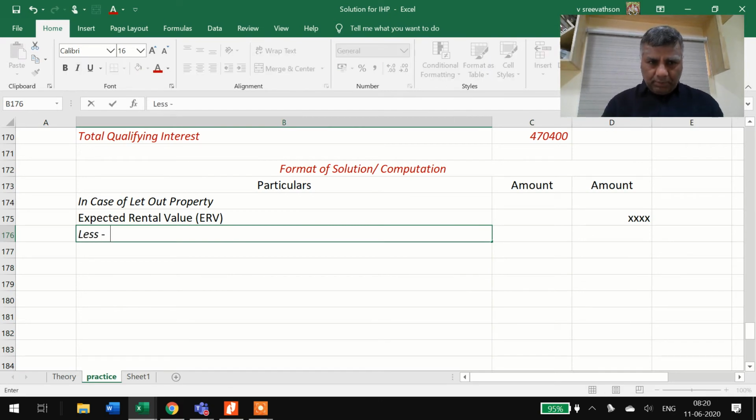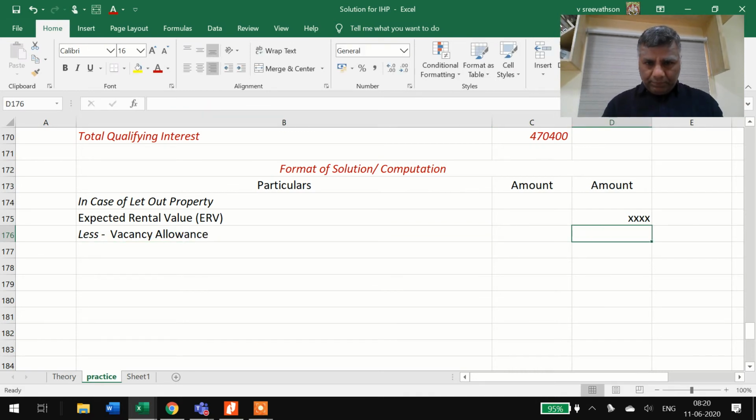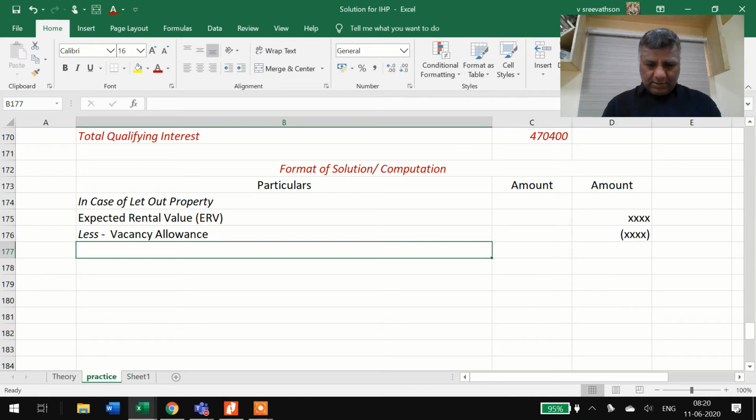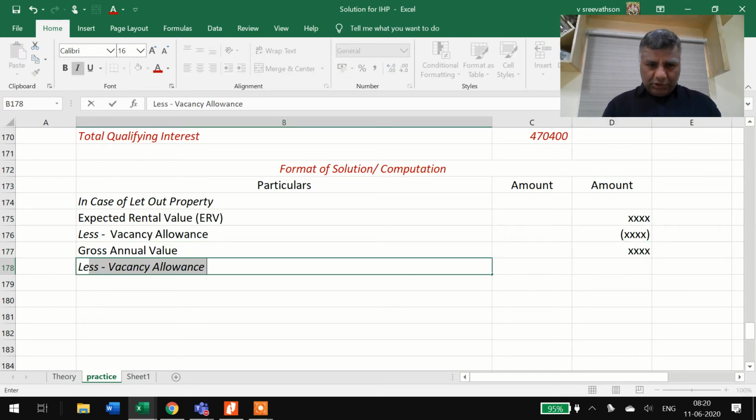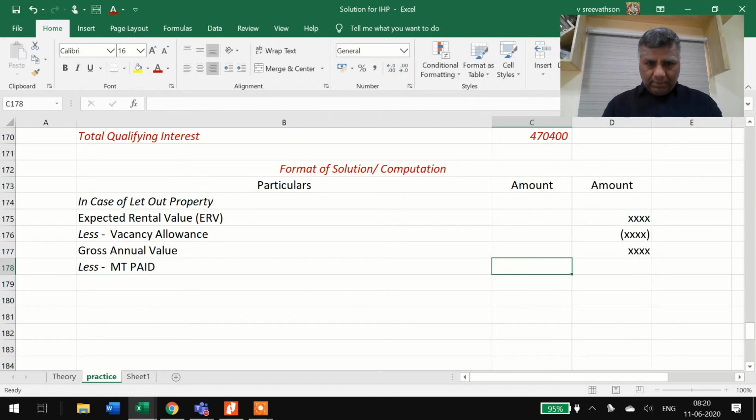Less vacancy allowance. Gross annual value. Less municipal taxes paid. Only paid will be allowed as deduction, paid by the owner.